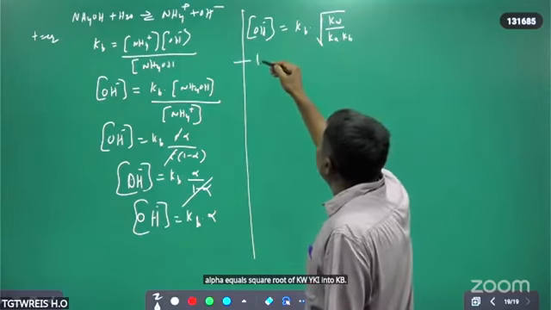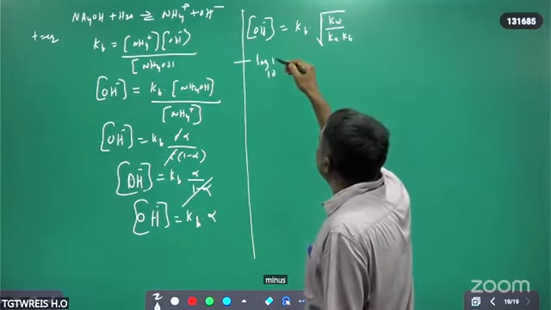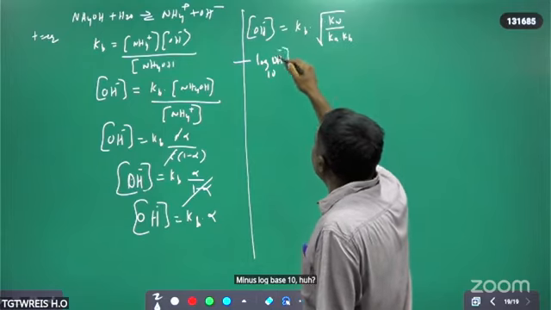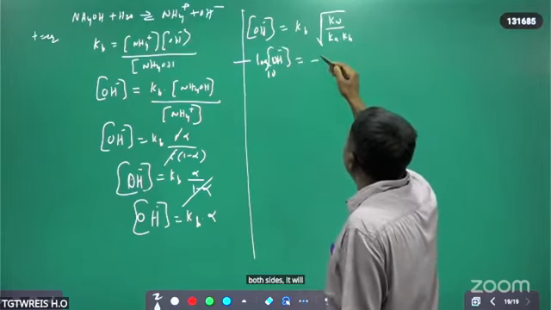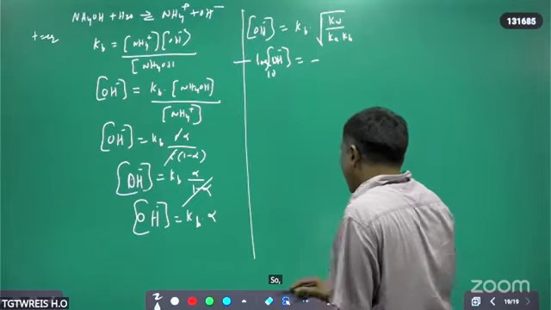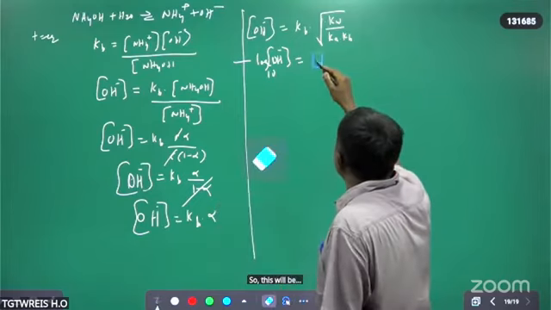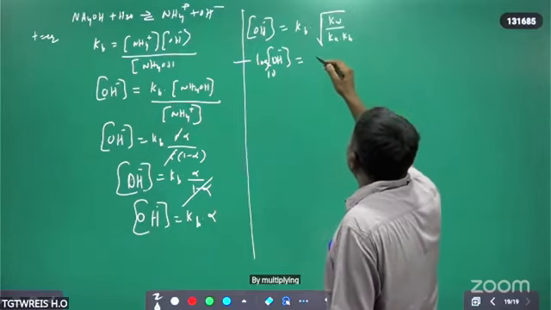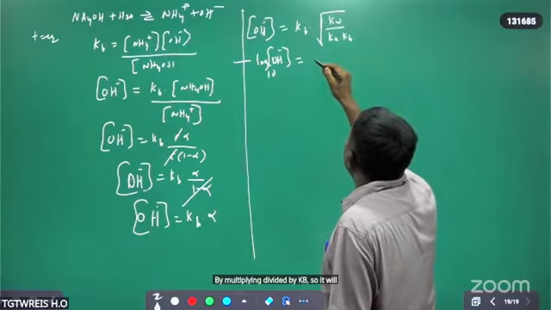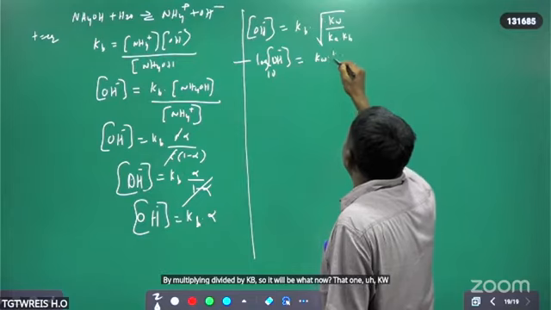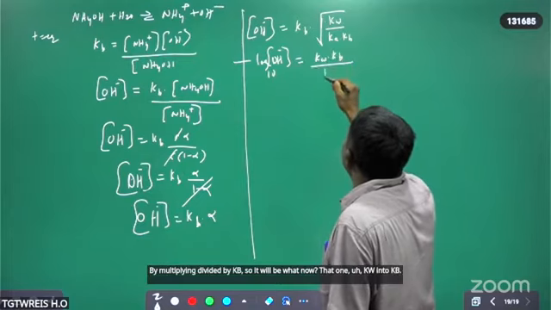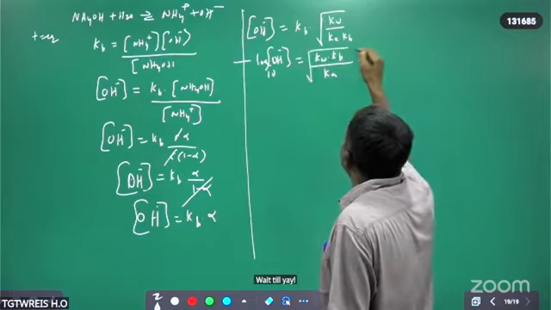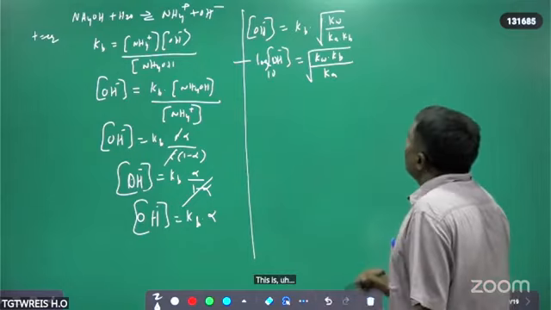By applying negative log, minus log base 10 on both sides, multiplying and dividing by Kb, it will be Kw into Kb by Ka under the root.